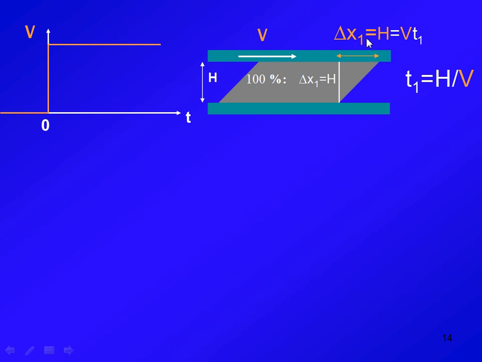And you ask the question, how long does it take to produce 100% deformation, which means the upper plate moves h to the right? Well, that's of course quite trivial, as this formula shows. And it particularly shows this time is something you can control. The time to make 100% deformation is inversely proportional to the velocity of the upper plate.